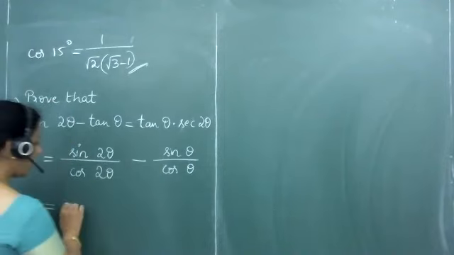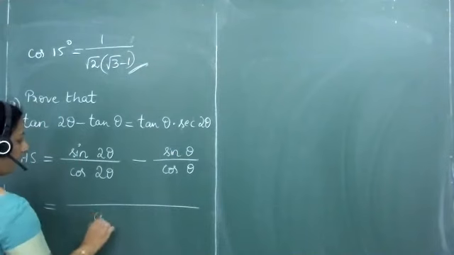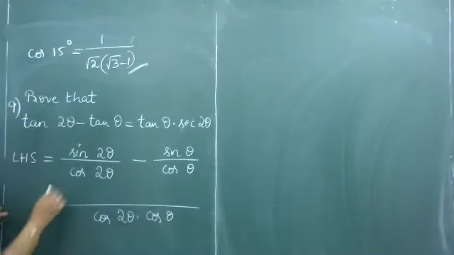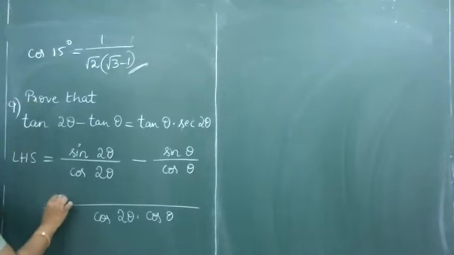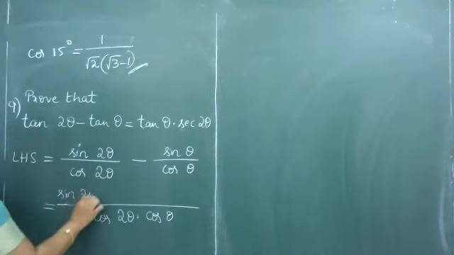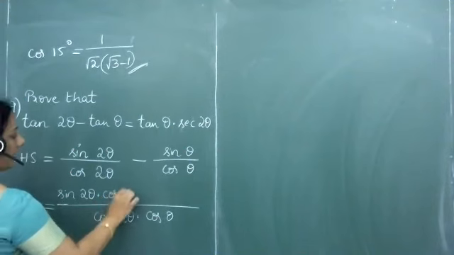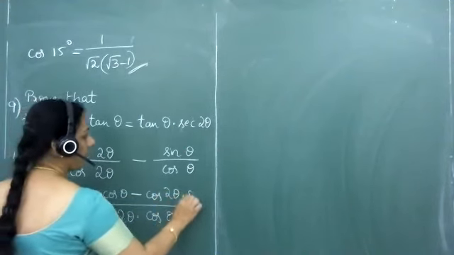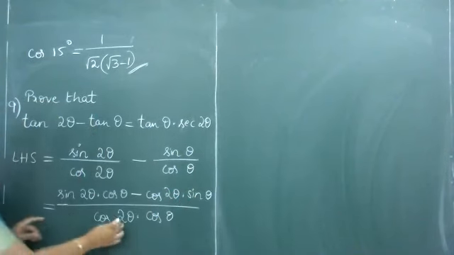Taking LCM, the denominator is cos 2 theta into cos theta. So now the numerator will be sine 2 theta into cos theta minus cos 2 theta into sine theta. We have just taken the LCM to the denominator here.